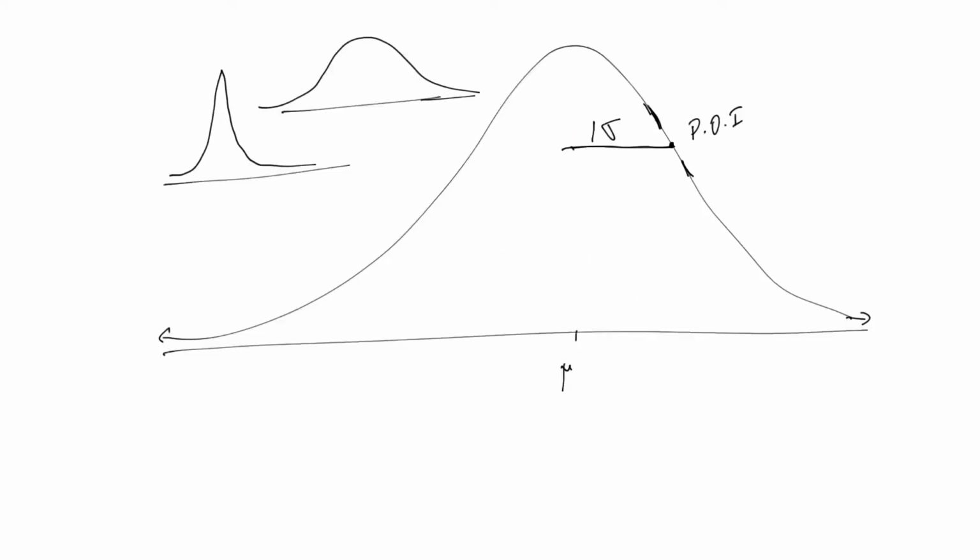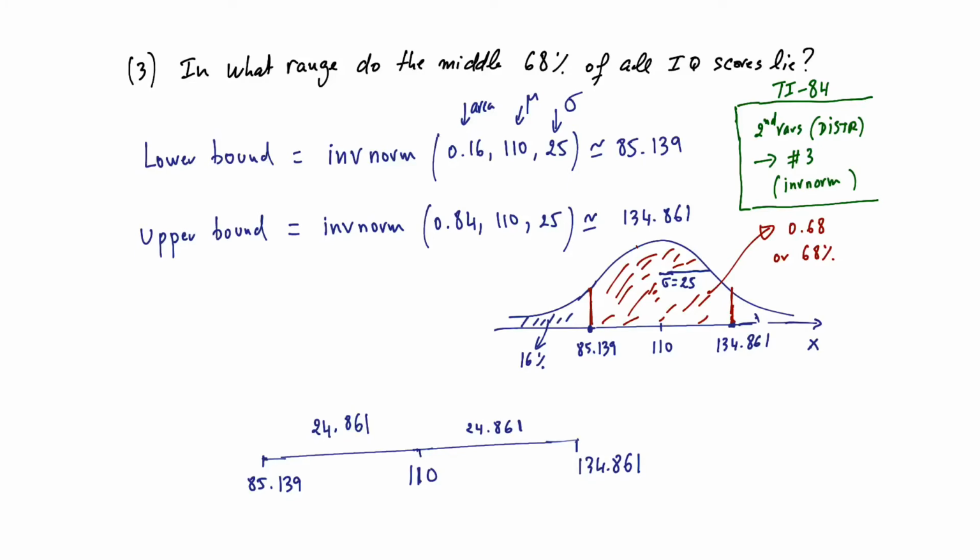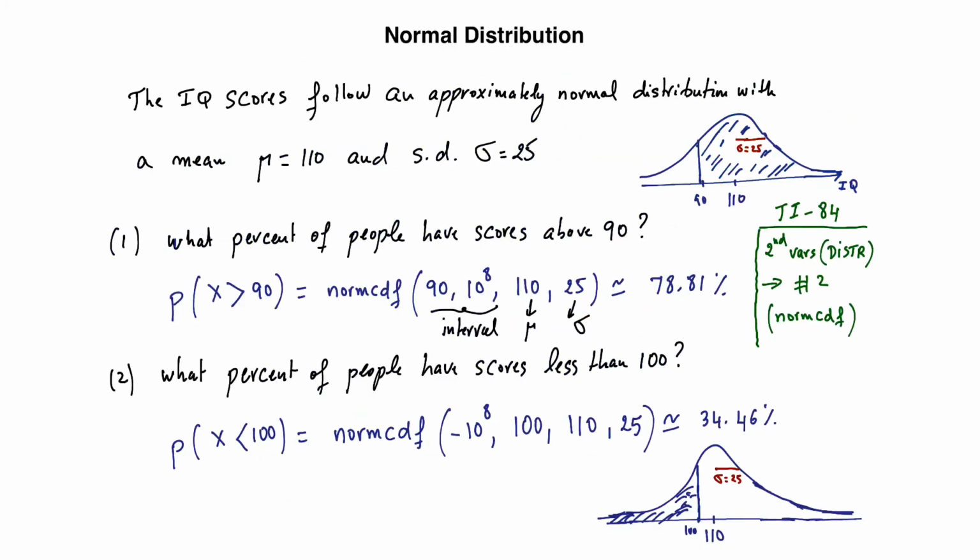The same thing happens. If I know my two parameters, mu and sigma, I know everything I need to know about the normal distribution, as you will see in a second. Okay? So here is a situation. IQ scores follow an approximately normal distribution.